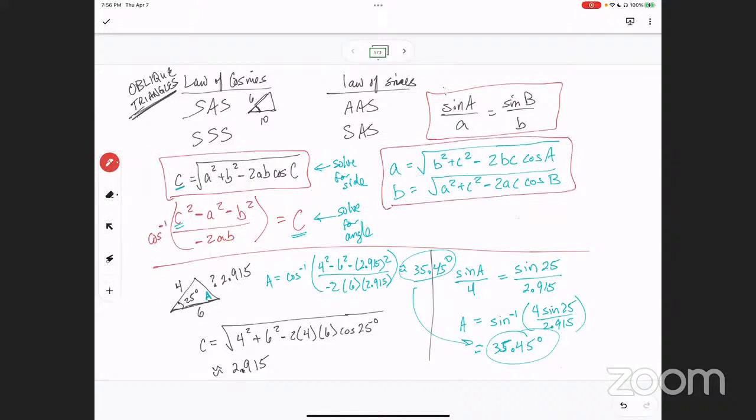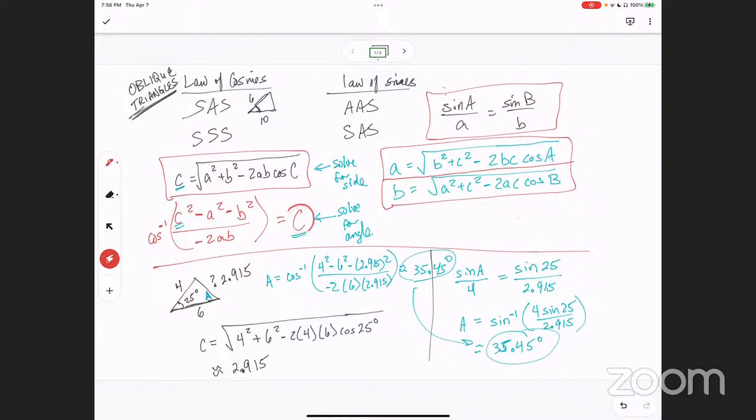So there's the law of cosines written in a different way. Same with this, you could write this in a different way if you wanted to, for A or for B, and this goes with this.